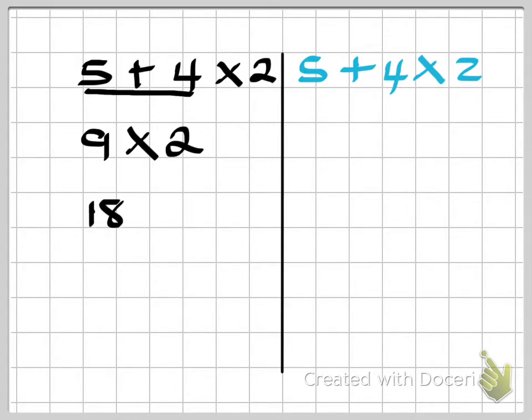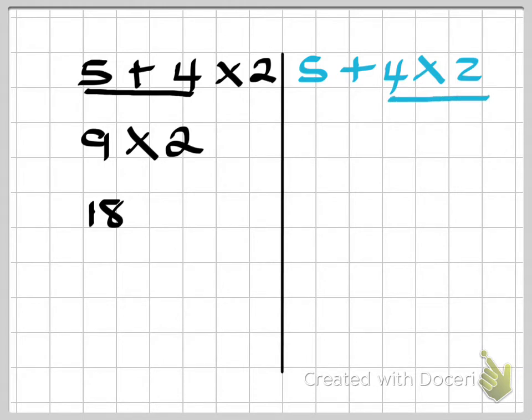Now let's see the sum that is in blue. If I'm going to apply Bodmas, what do I need to do first? This is brackets, of, division, multiplication, addition, and subtraction. So I need to multiply first.